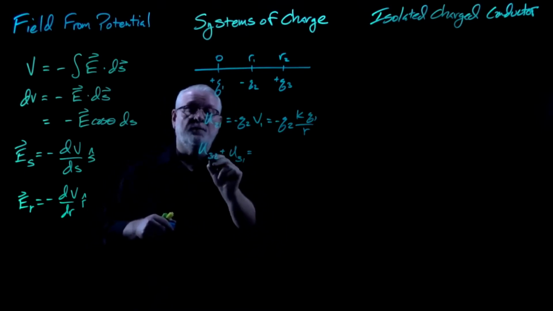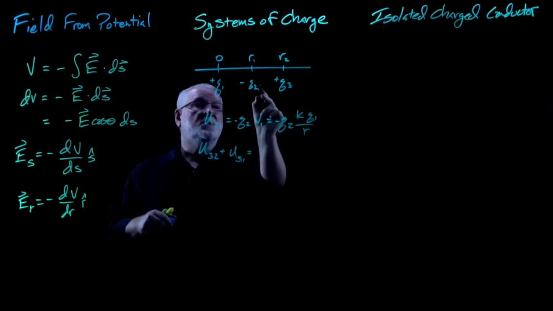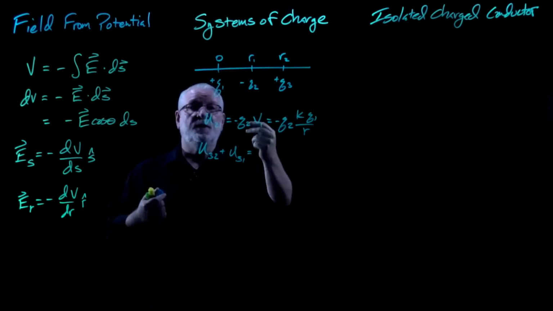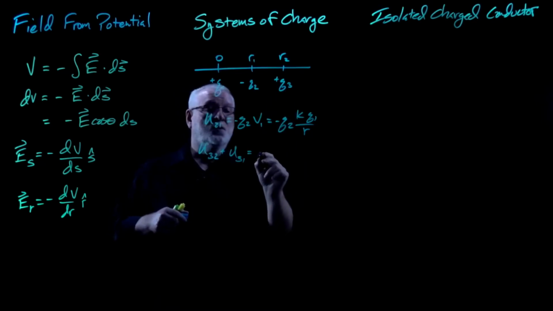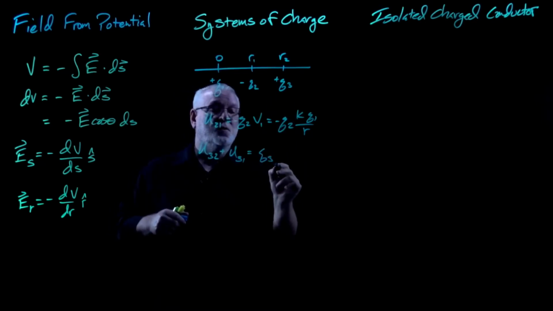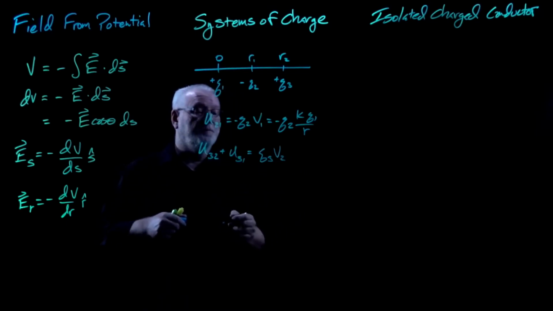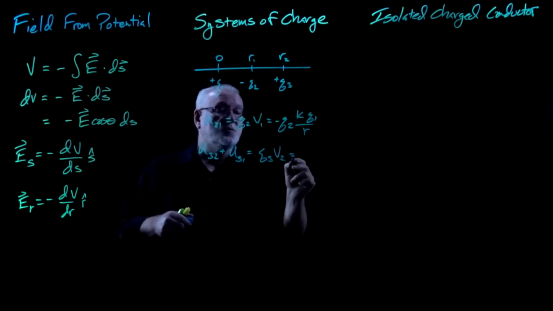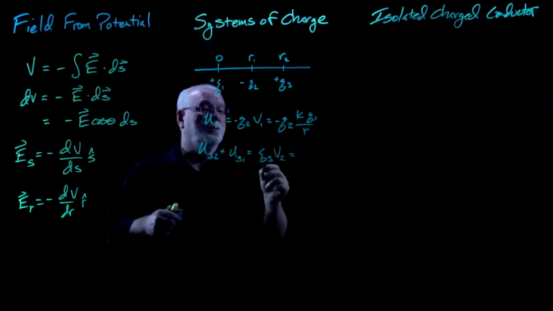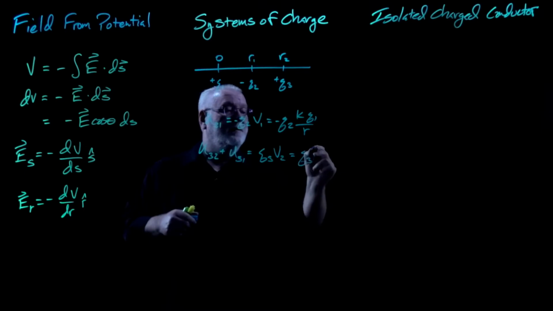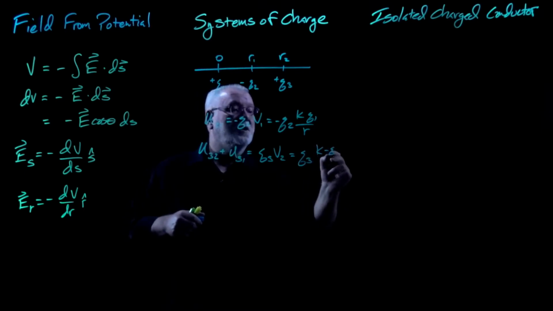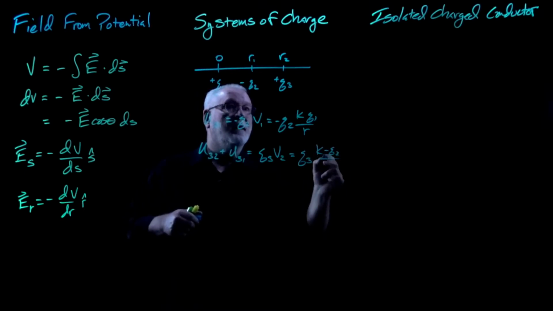First, U from 3 to 2. Well, 3 to 2, again, that's going to be attractive, which means it'll be a negative energy. Of course, in this case, Q3 times the voltage that 2 would have produced all on its own. Of course, that's going to be a negative voltage. Why do I know that? Because Q2 is itself negative. So this will be Q3 times k negative Q2 divided by the radius.